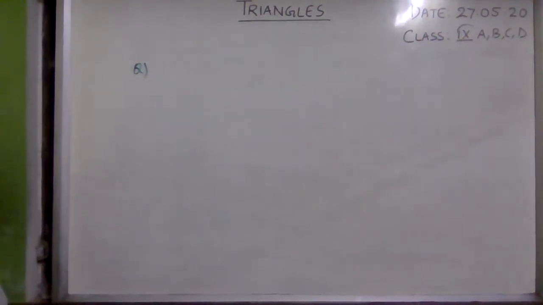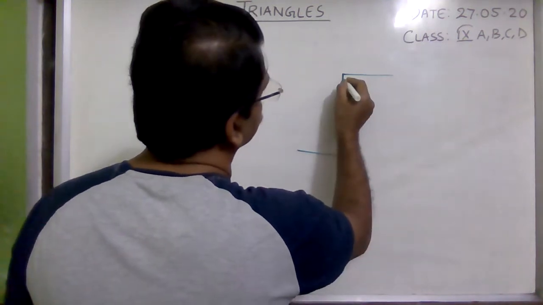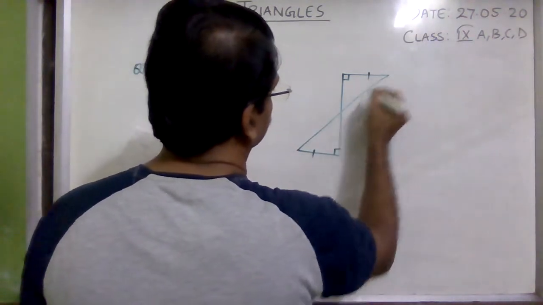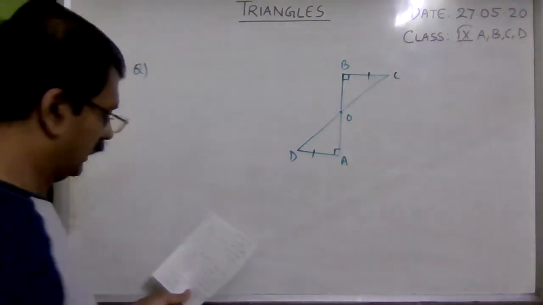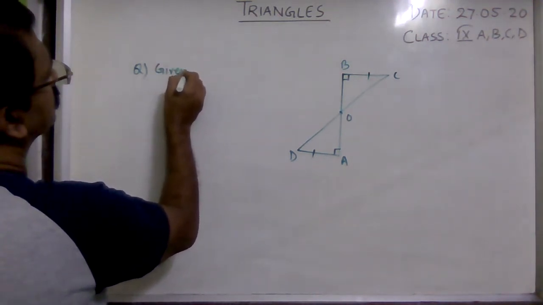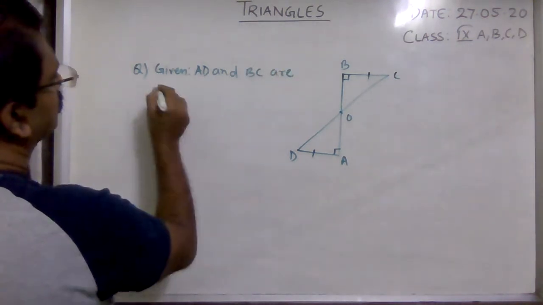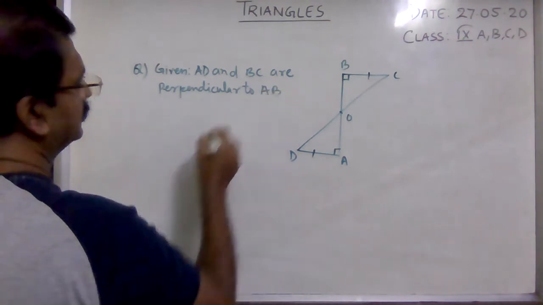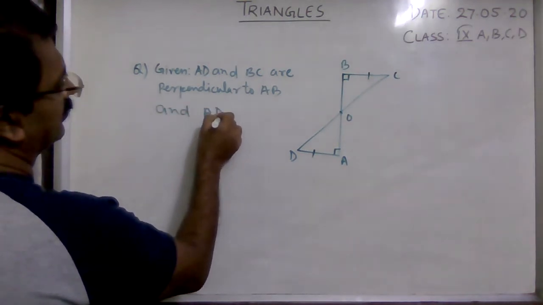In the next question, they have given AD and BC are perpendicular to AB and AD is equal to BC.